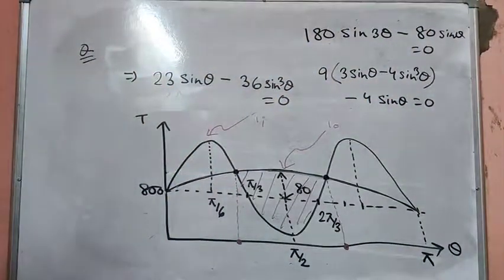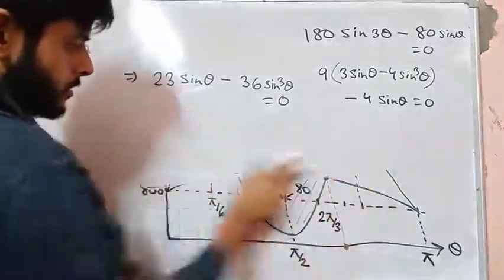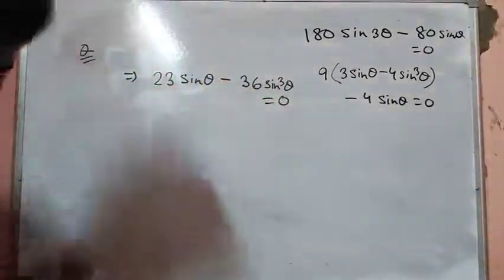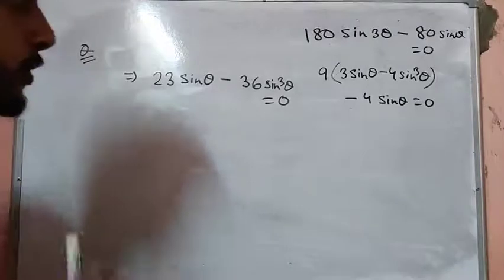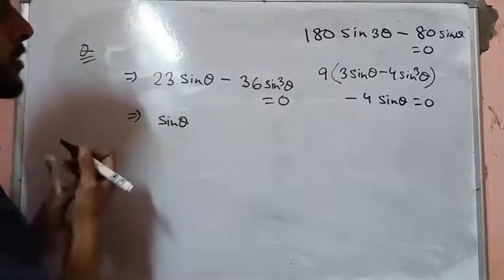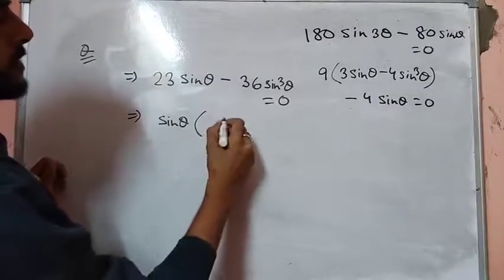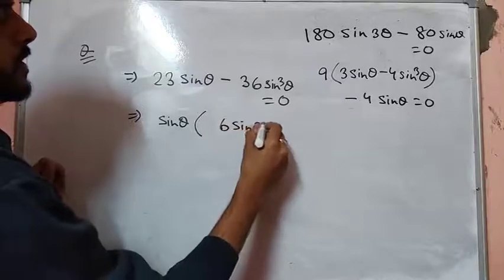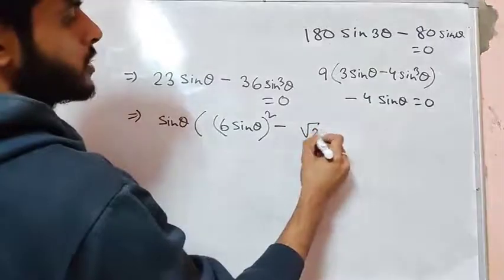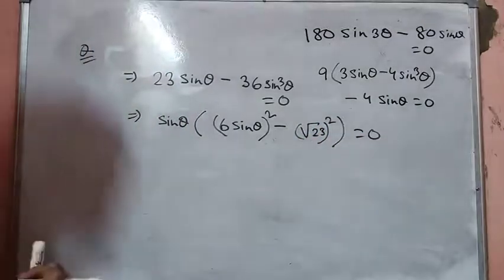This is a cubic equation which we can simply solve. We take sine theta as common, giving sine theta times (23 minus 36 sine square theta), equal to 0.